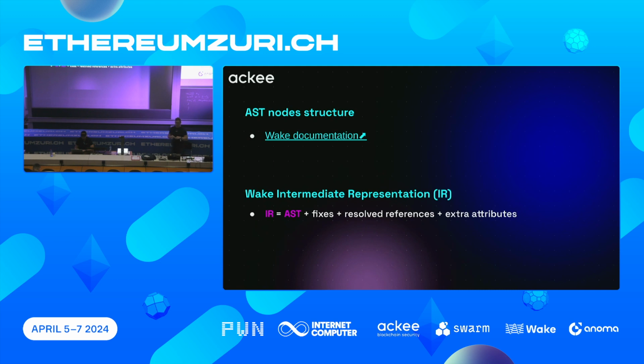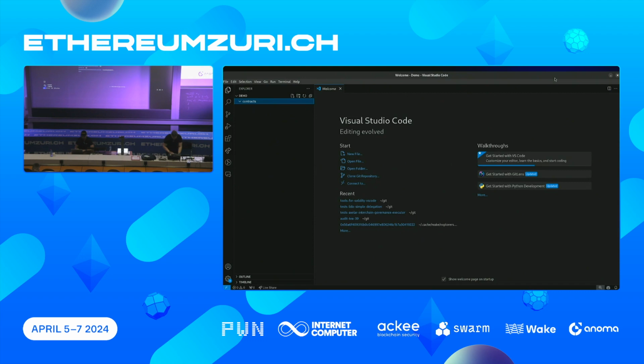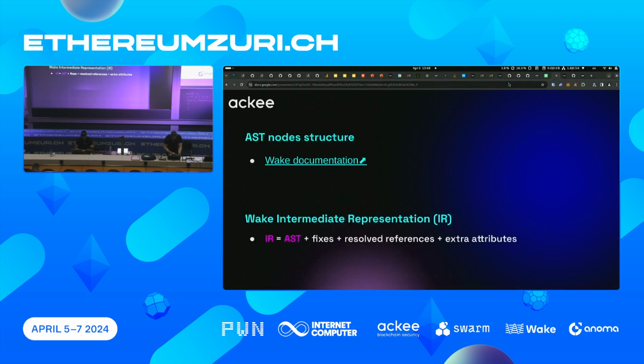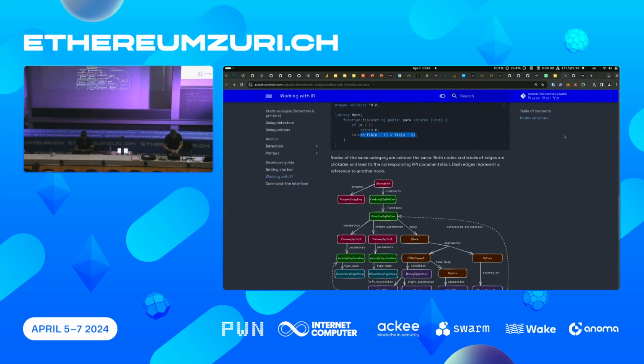At the same time, references are resolved, and I think I might go back to the documentation of Wake to explain more. So in this example, there's a function definition called Fibonacci, and we are calling Fibonacci again. We would probably expect those Fibonacci calls to be a function call node, because it's a function call.